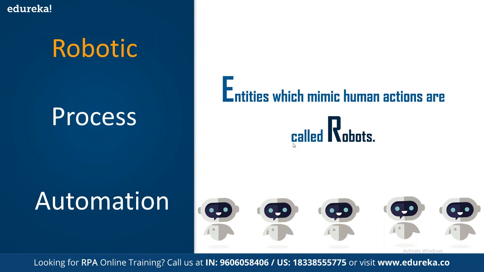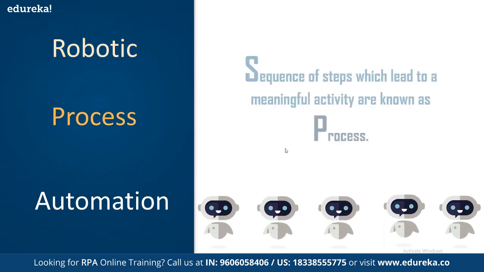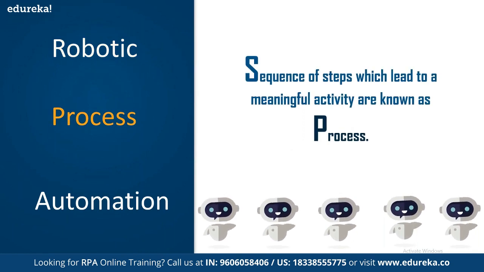And that's why here we have three core components: robotic, process, and automation. Robotic focuses on mimicking the human action that is done by robots. Then we have process, because the actions need to be executed in a given sequence. Let's say we are trying to open up a website. Before we can open the website, we have to open the browser first.